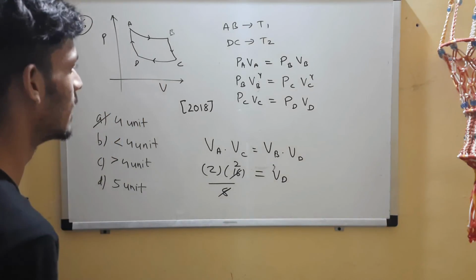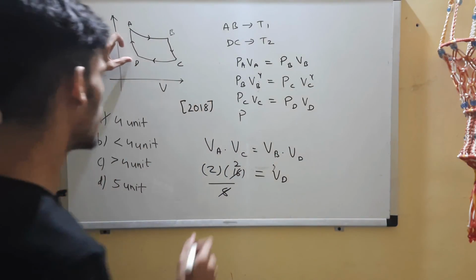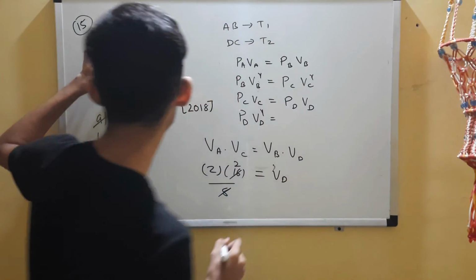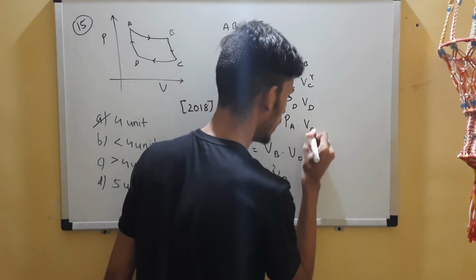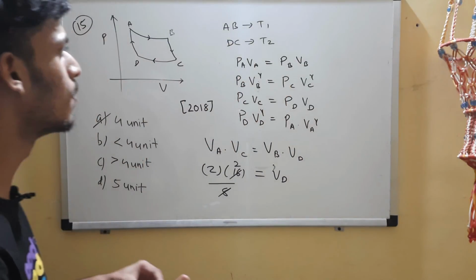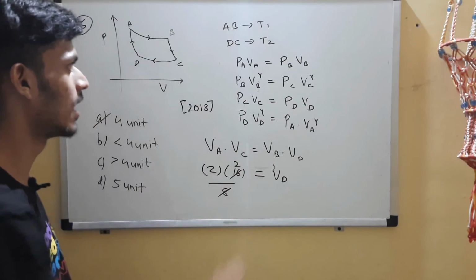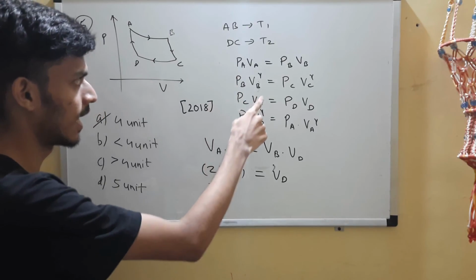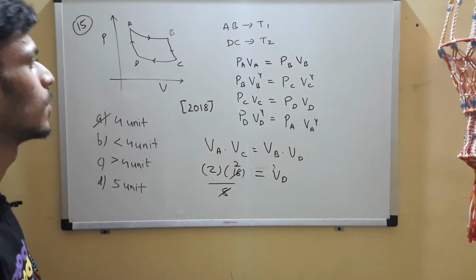Now again write for this adiabatic one: PD VD raised to gamma equals PA VA raised to gamma. Now if you multiply all these four equations, you can see that PA, PB, PC, PD get cancelled, since they are there on both sides.